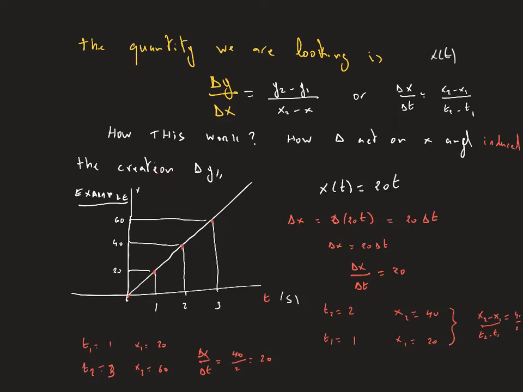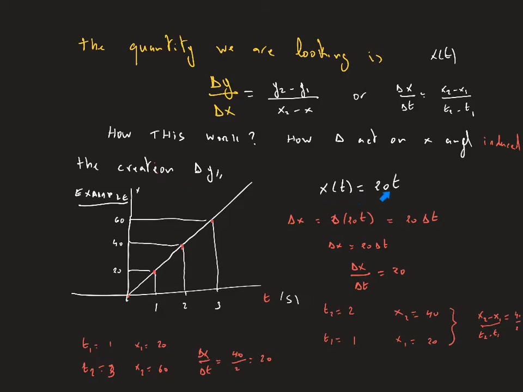So it could also be x of t, and this is the change in the dependent variable with respect to the change in the independent variable, x2 minus x1 divided by t2 minus t1. So the thing that we are going to learn is how delta is acting. It acts on the independent variable and induces a delta y.